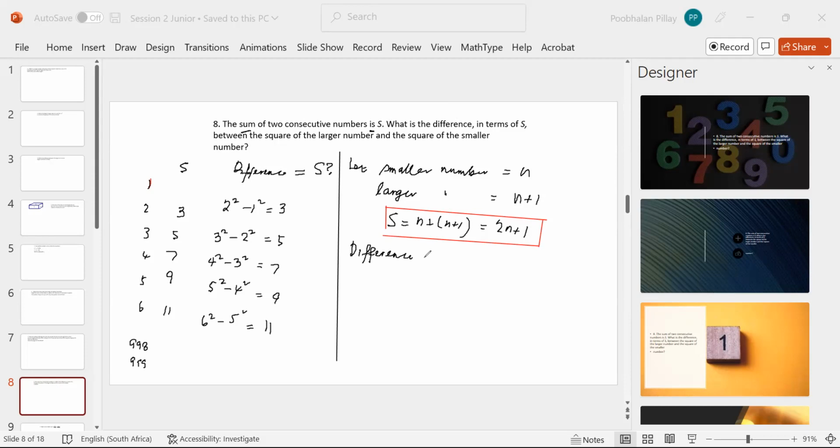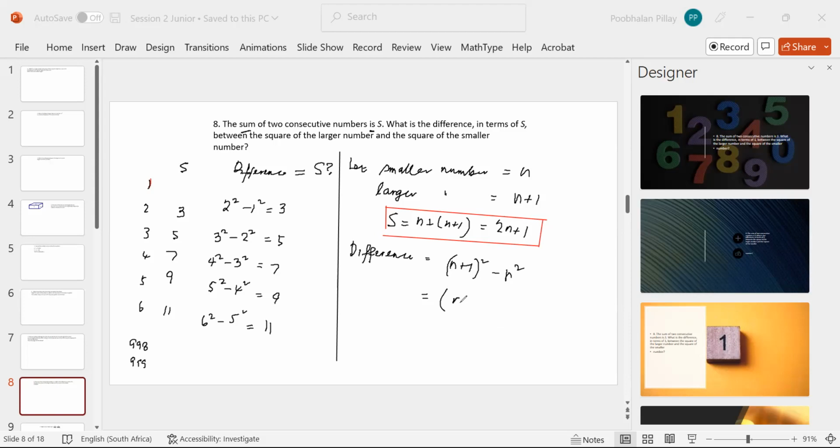Now the larger number is n plus 1. We need to work out the difference between the square of the larger number minus the square of the smaller number. So we need to calculate this. But now we can do it easily if we remember that this is the difference of two squares. This squared minus that squared.